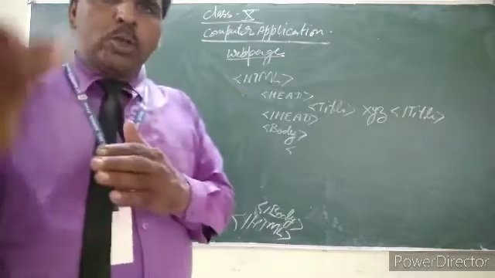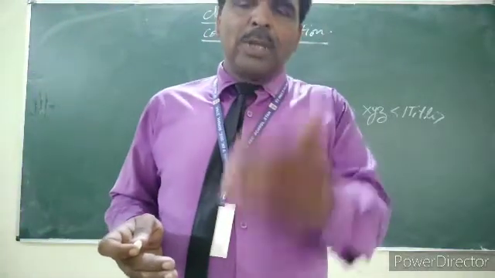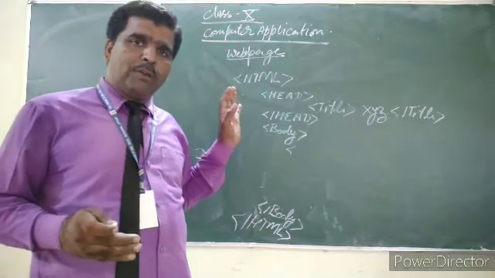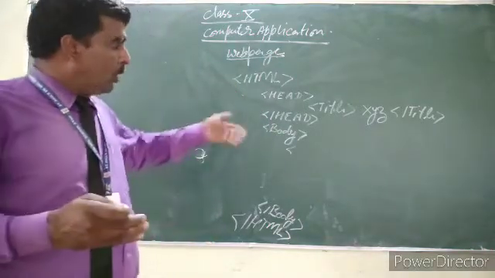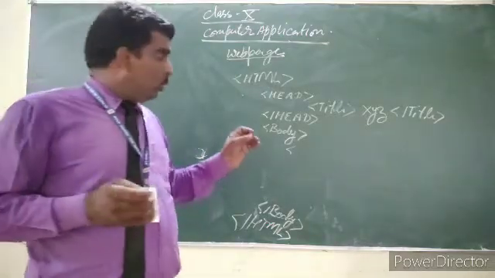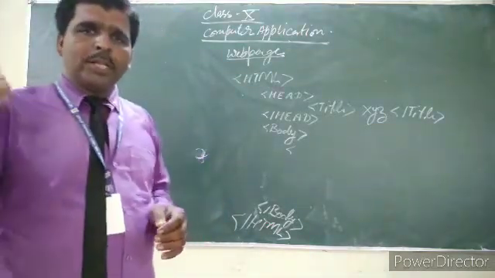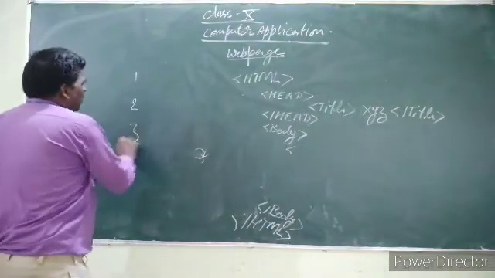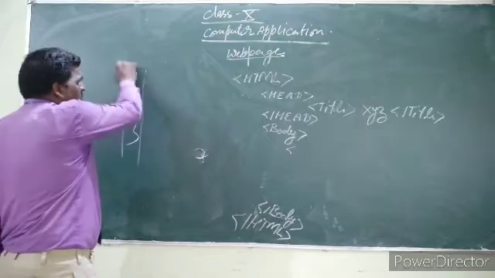If you want it to be displayed sequence-wise, then we have to take an ordered list. Otherwise, you can take an unordered list. So today I am going to tell you the ordered list. In that there is a sequence like 1, 2, 3. This type of sequence we want to display.